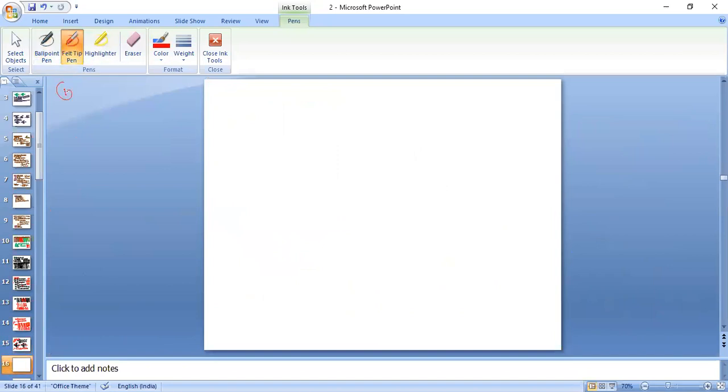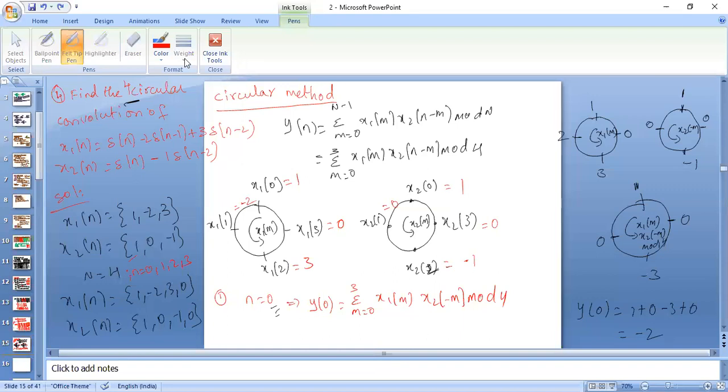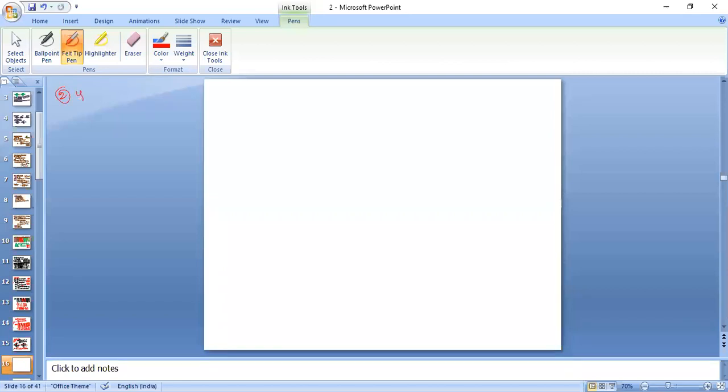So when n is equal to 1, y of 1 is equal to sigma m is equal to 0 to 3 x1 of m into x2 of 1 minus m mod 4. Right? So let us try to represent all these samples on the circumference of the circle.